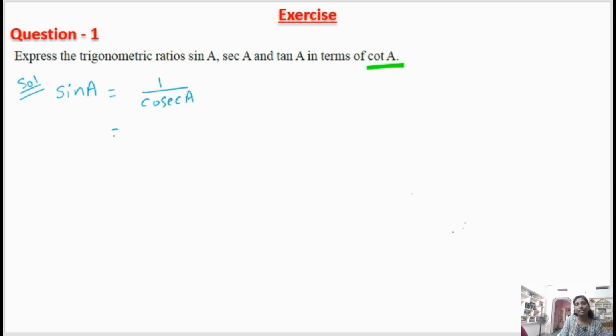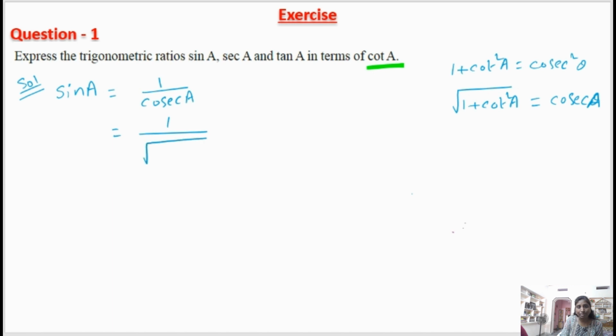Now we will reach cot A. The third identity says that 1 plus cot square A is equal to cosec square A. If I take the square root here, it means cosec A can be written as under root 1 plus cot square A. So 1 by cosec A can be written as 1 by under root 1 plus cot square A.